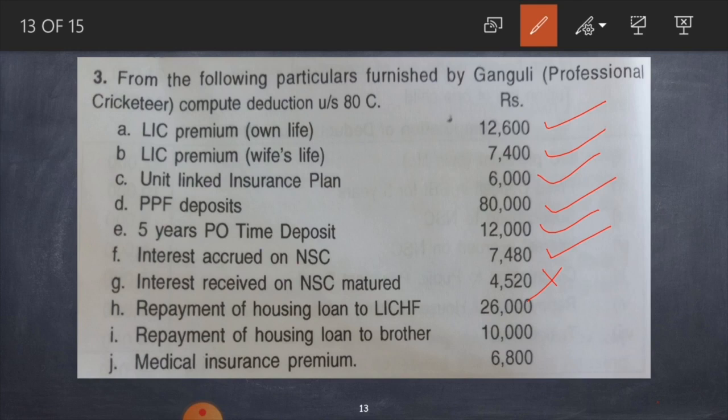Repayment of housing loan to LIC Housing Finance eligible, repayment of housing loan to brother not eligible, only loans taken from government banks or scheduled banks are eligible for deduction, and medical insurance premium paid also not eligible.